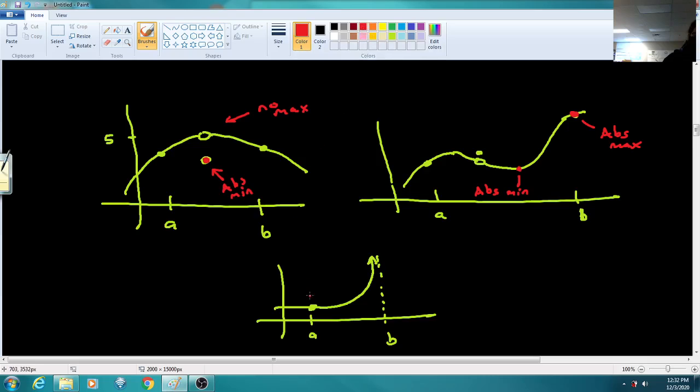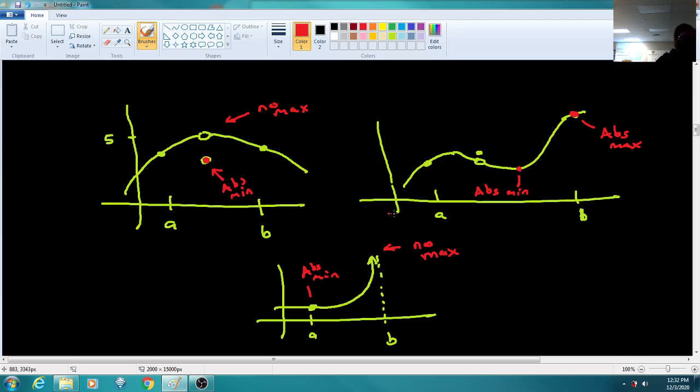So maybe there is an absolute min here. But since heading towards B, it just heads upwards higher and higher and higher, there's not going to actually be a max, because we run into a similar problem where however big I claim the maximum is, this will go beyond it. And I really can't write down that this is the maximum due to that problem.